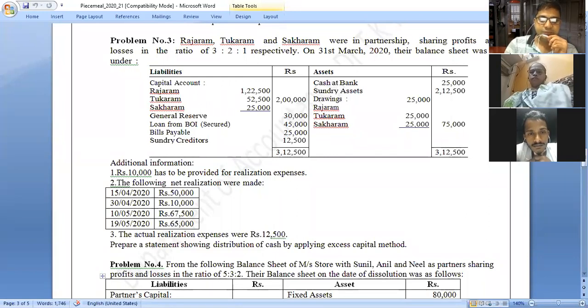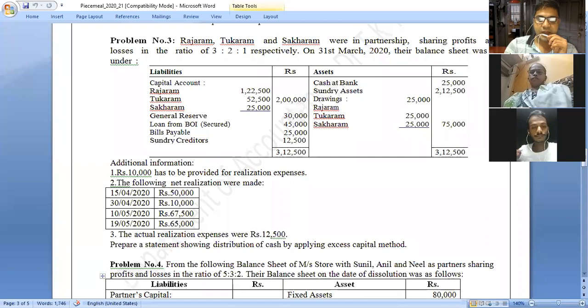If you see, the capital balance is recorded as 1,22,500, 52,500 and 25,000. From this, drawing is a personal expense, so we deducted the drawing value of 25,000 for each partner.